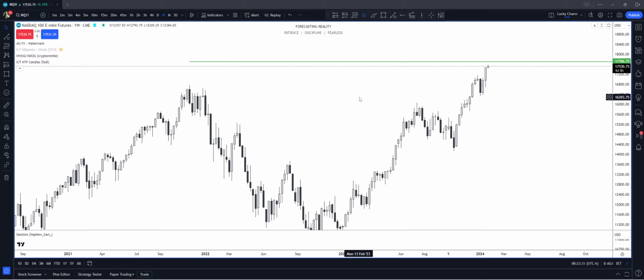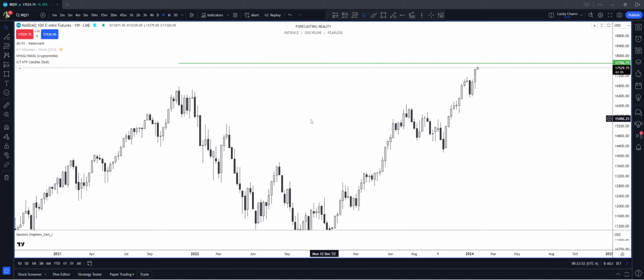ICT has stated that he uses both, and it depends on what the chart looks like. On one chart, we have all-time highs, and the other chart shows that we're not at all-time highs. If you do go over to the actual 2024 March contract, we are at all-time highs.